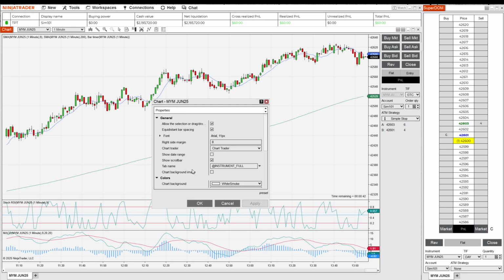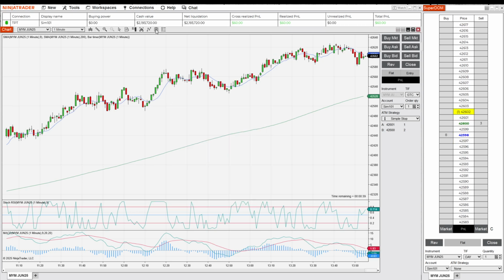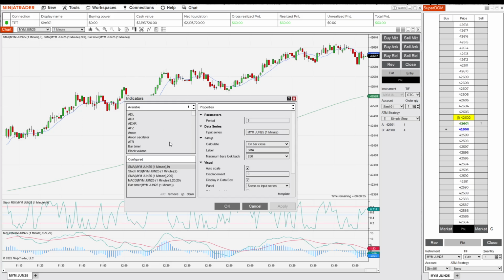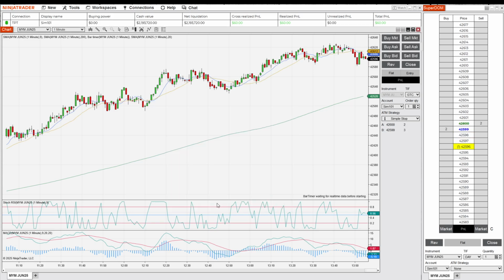If I add an SMA 20 on here, you will see that the line is a lot smoother. So it's generally harder to predict the direction.